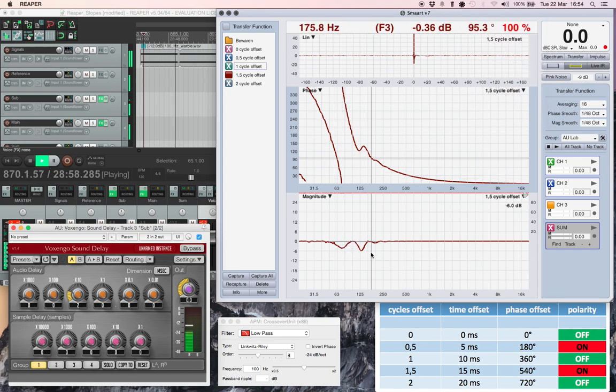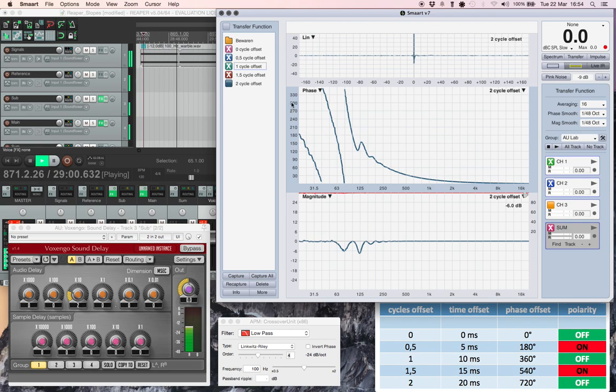Now you can clearly hear this W action, which is this guy, with minus 6 dB dips to the left and the right of the crossover frequency.